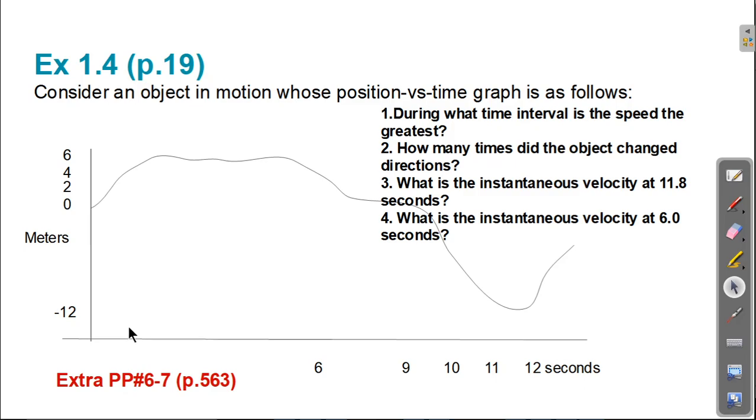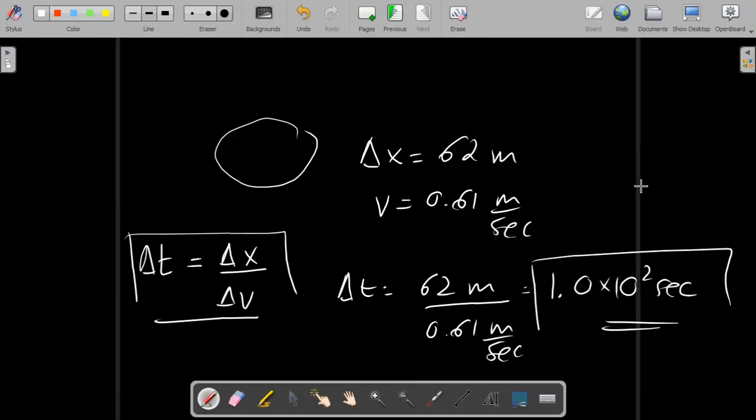Basically the points they use were 5. At second 5, they read this to be 4. And then they went to 9. At second 9, they said that it was 0. They use those 2 points to calculate it at that point that they want to know the velocity.